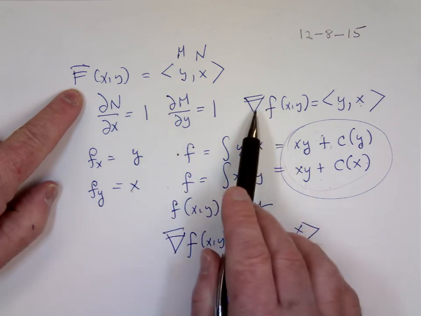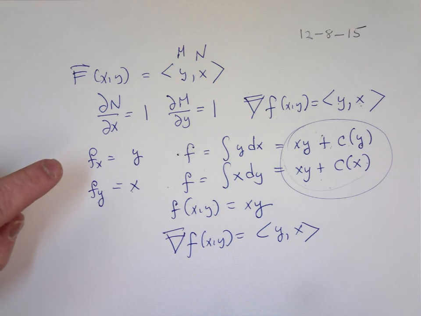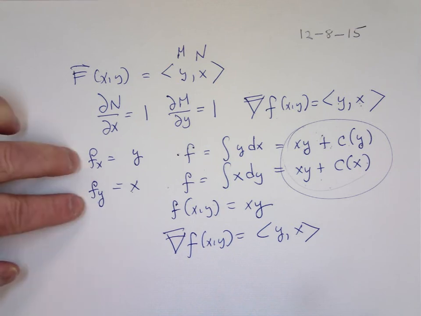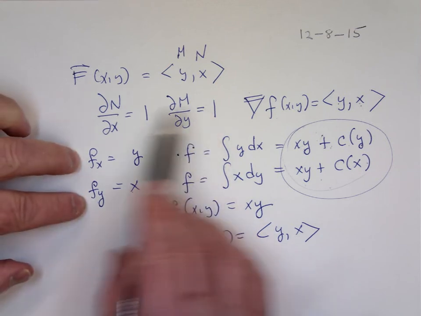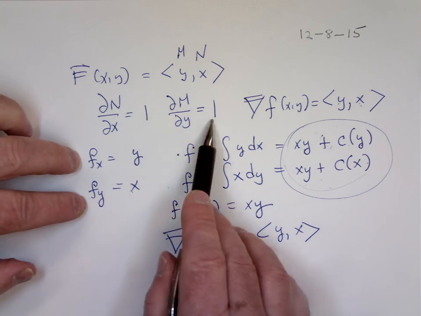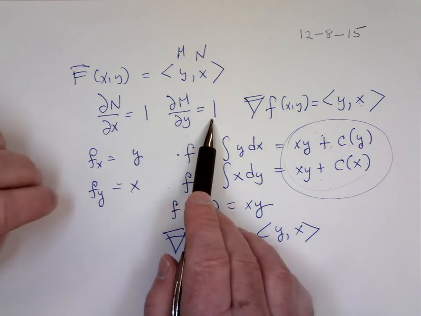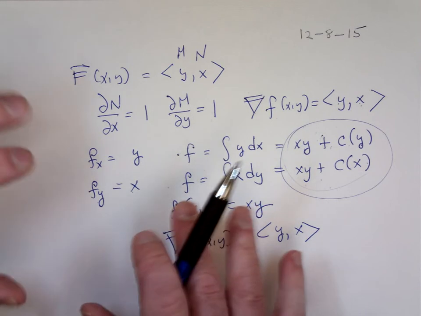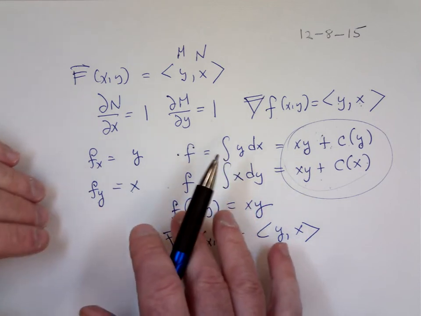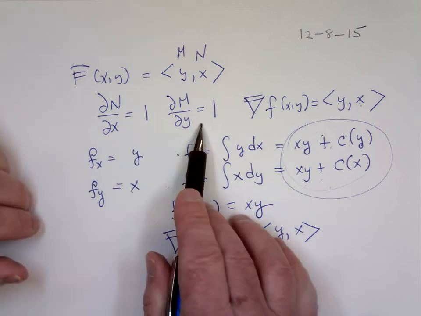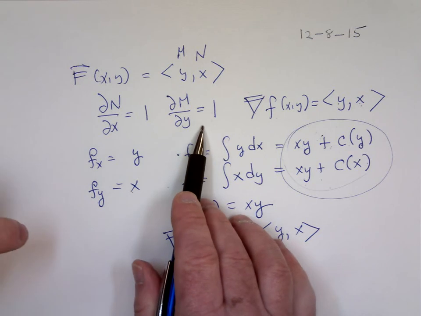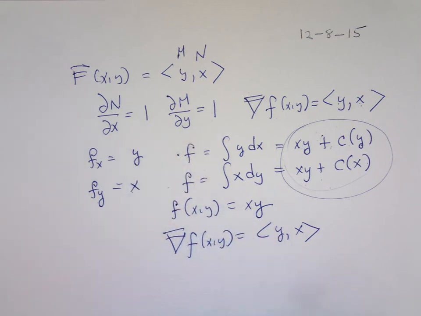So if you got a different partial derivative for the f of y, then it wouldn't be conservative? If these two were different, it would not be conservative, and it would be impossible to come up with this potential function. But because these are the same, we know there is a potential function. I see. Okay.